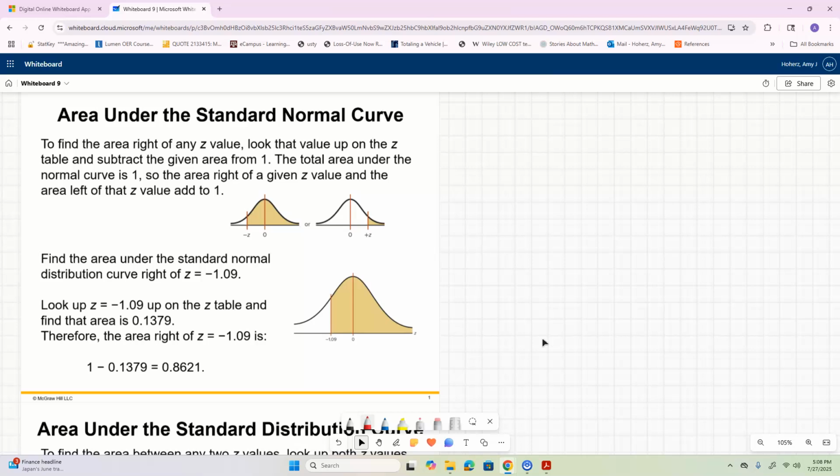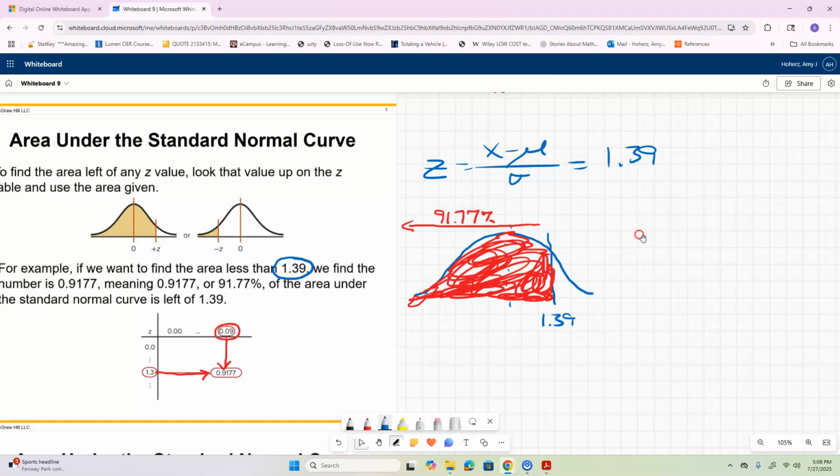So sometimes when you're trying to calculate values, instead of knowing how much data is below that, you might want to know how much data is above that. So you might want to, with our example, know what percentage of the students scored above 1.39 standard deviations. So if we want to do that, when you're looking at the curve, let's go back up to the one that we just did.